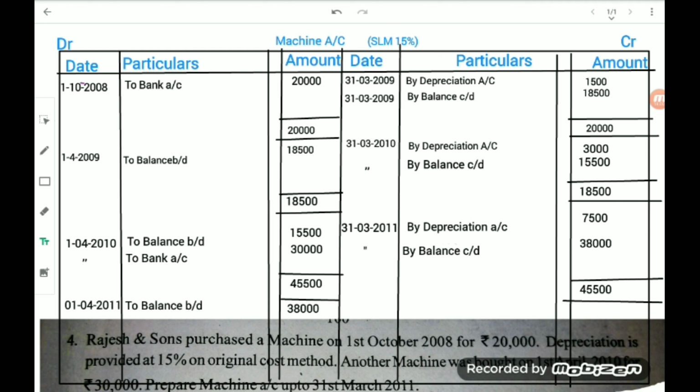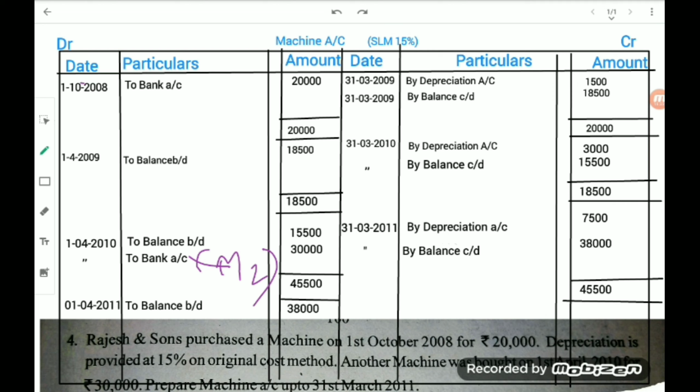In the third year, after balance brought down, we need to take the second machine also. M2 हमको यहाँ पे लेना है, ये याद रखना है, ये M2 का बैलेंस है, M2 का बैलेंस हमको लेना है.